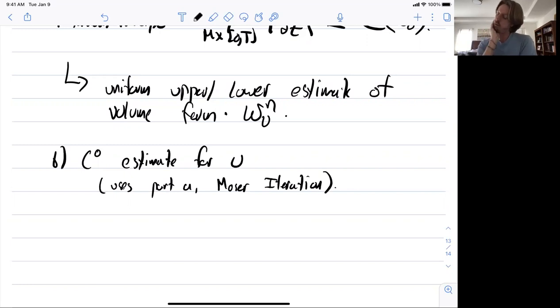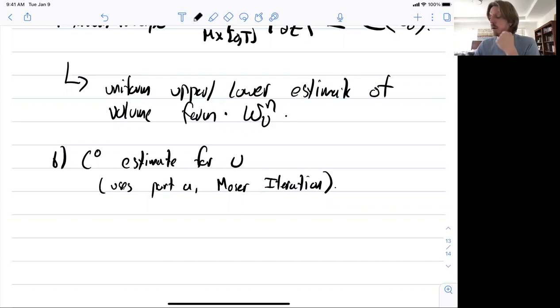The Moser iteration method was one of the big breakthroughs of Yau in the elliptic case, to use this technique to get exactly a C0 bound for the potential. And what you need to make that work in the elliptic case, and this is one case where the elliptic case is a little bit easier, is to know that the volume form is under control.